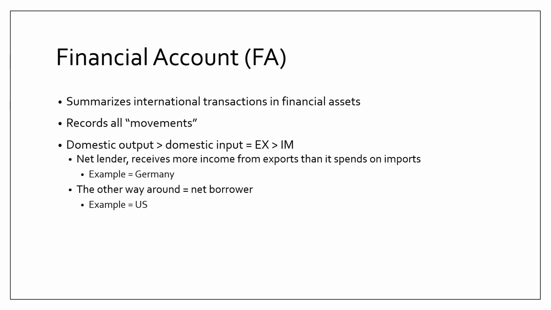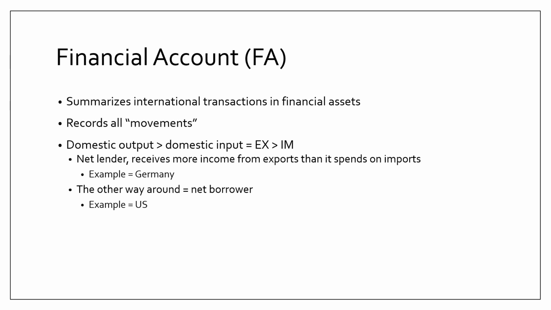When domestic output is larger than domestic expenditure, in other words, exports are larger than imports, or the trade balance is larger than zero, or the CA is larger than zero, the country receives more income from exports than it spends on imports. The country is a net lender to the rest of the world, for example, Germany.